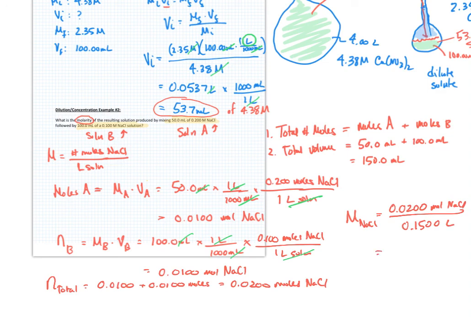And that comes out to be 0.133 molar NaCl. That's also the same as 0.133 moles NaCl per 1 liter of solution.